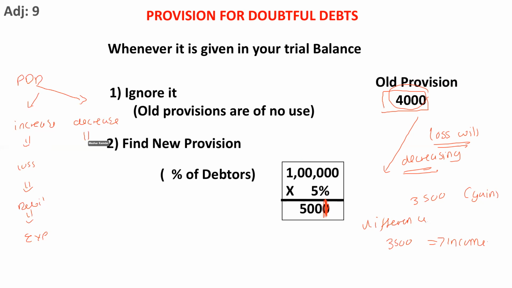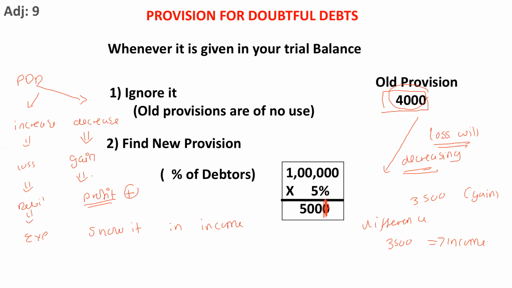So in case you decrease the provision, it is a gain for you. So you're going to add back the amount that you had kept aside. You will not add it in profit. You will show it in income, and you will write decrease in the provision.